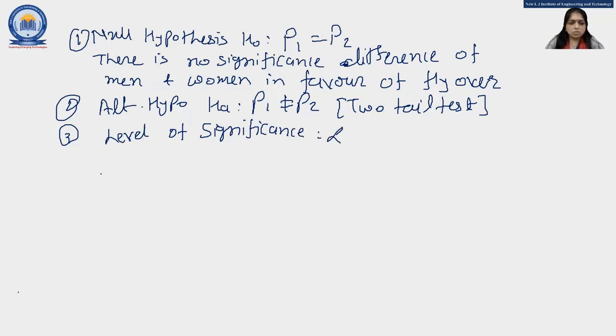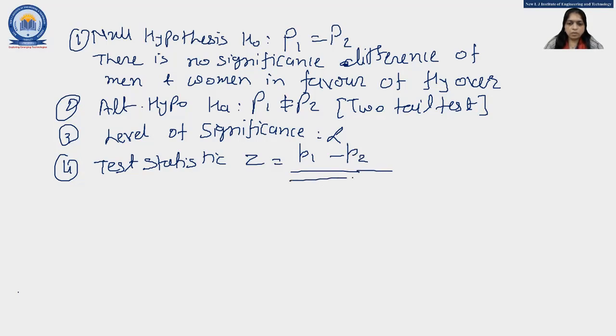Alpha. Number 4, that is test statistic. As per the test statistic, Z is equal to P1 minus P2 upon square root of PQ (1 upon N1 plus 1 upon N2).